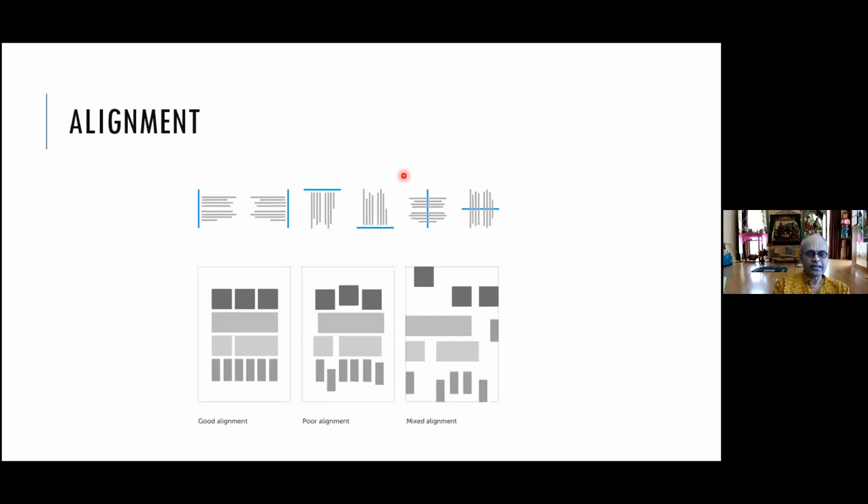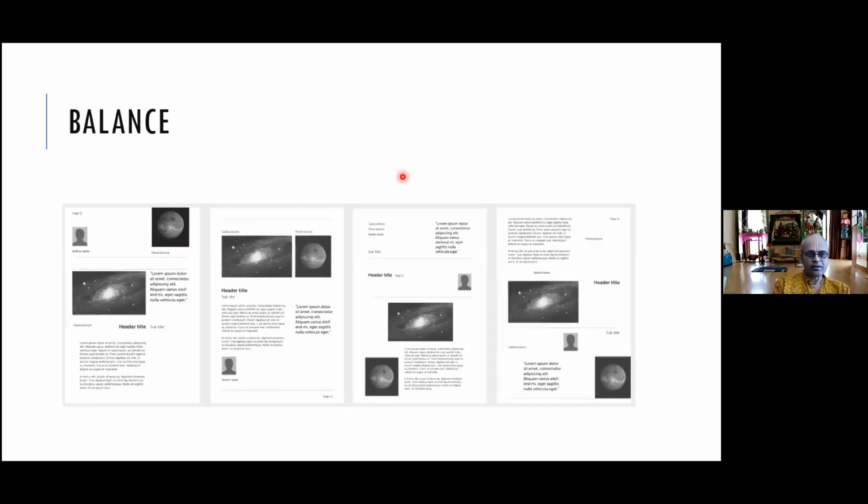We talked about hierarchy, we talked about alignment. Now we will talk about balance. Balance is also an important aspect of the principles of art. Balance refers to the distribution of weight in a composition.